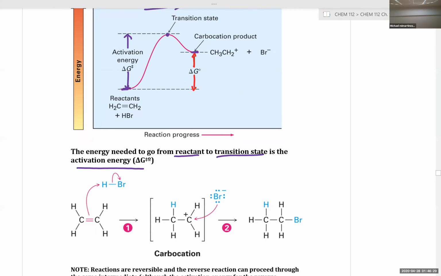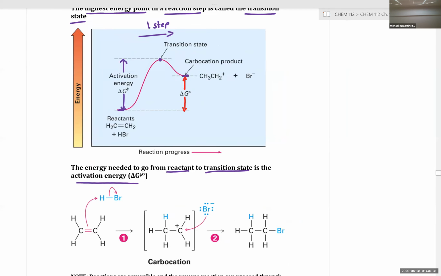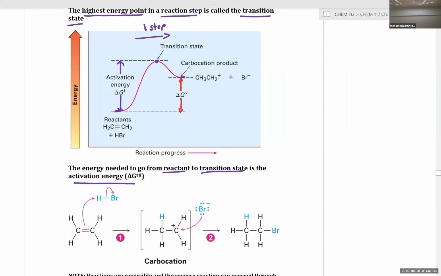Okay, so in this reaction, we are looking at step number 1. So this entire process, we're looking at step 1, which is where we're going from our alkene to our carbocation. So all we're looking at is step 1. And we're thinking about the transition state for step 1.